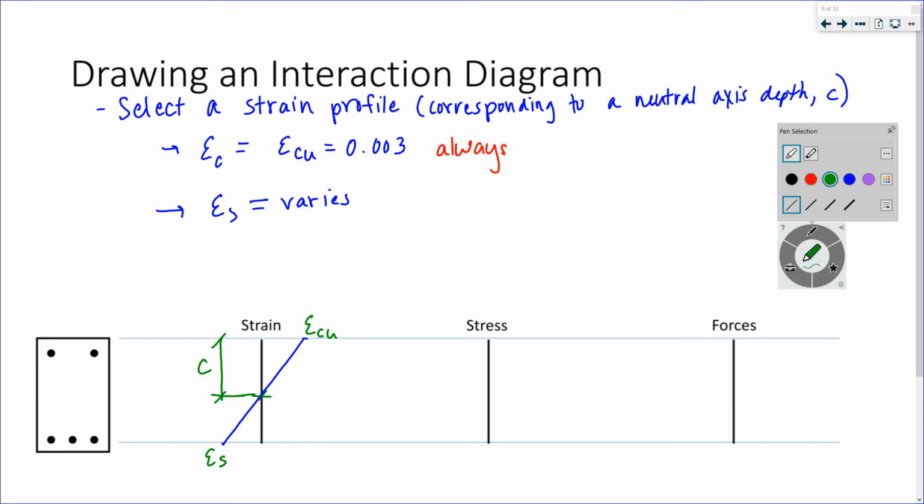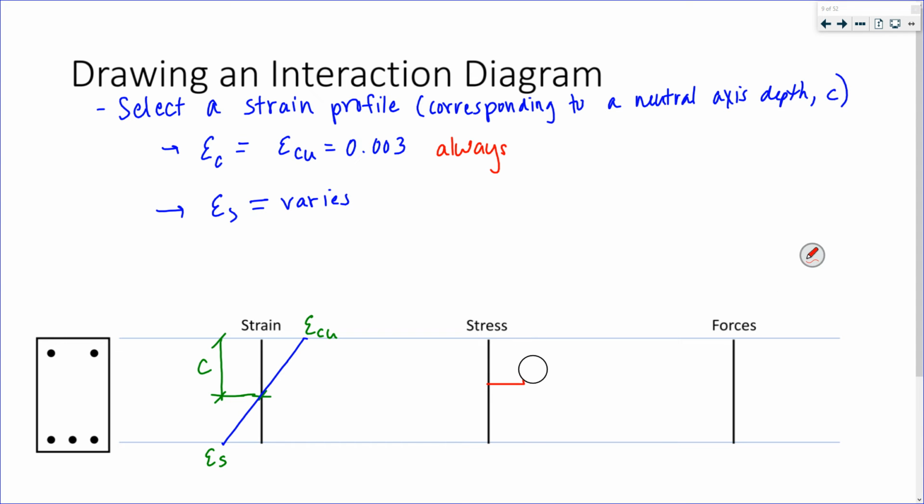This is going to result in some compression stress, which I'm drawing in red for no good reason.